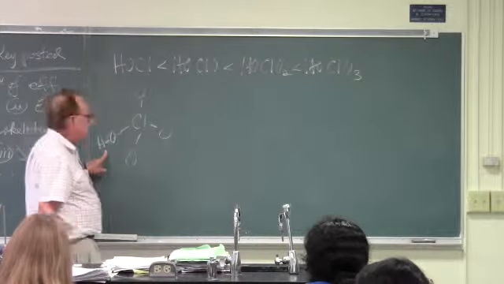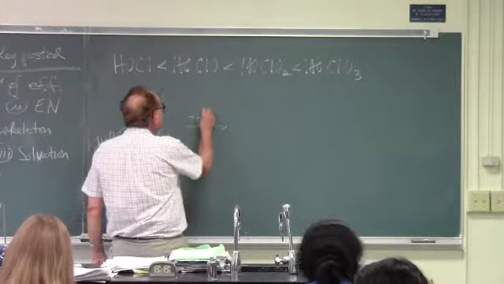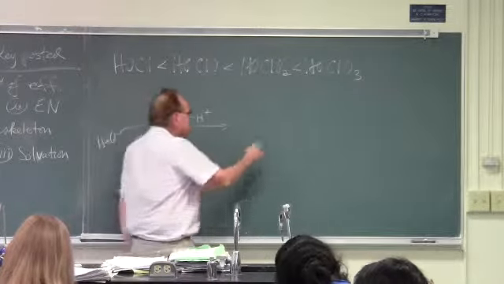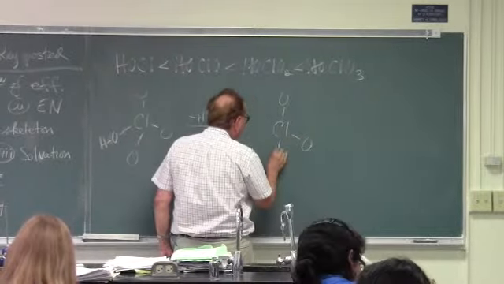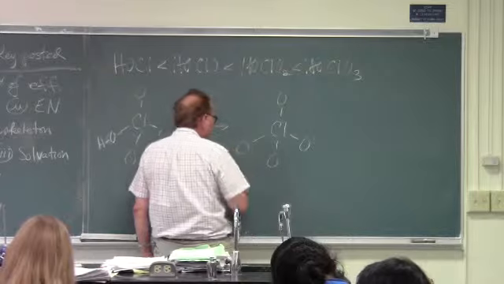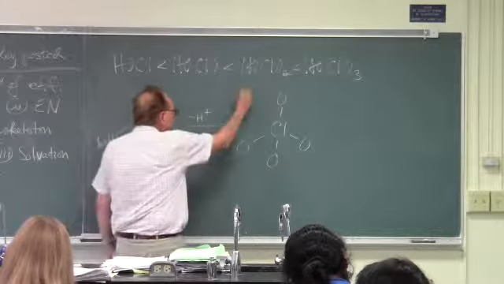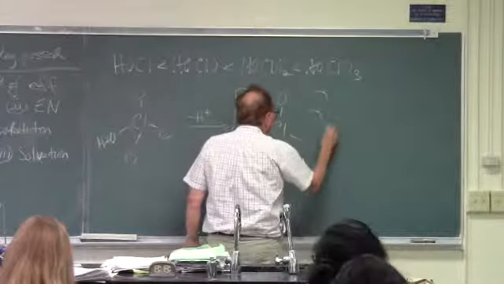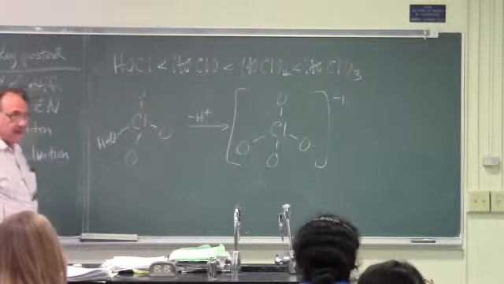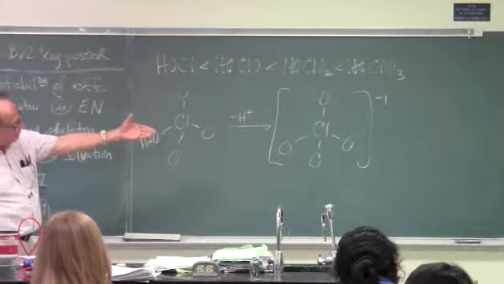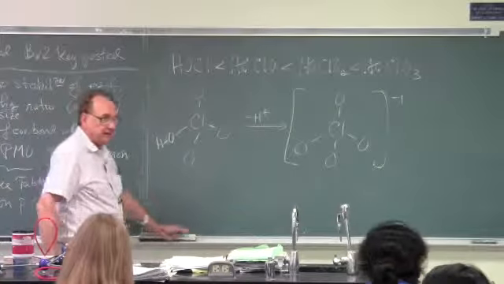What effect do these oxo-oxygens have? When this thing loses H+, the perchloric acid molecule does its acid thing. What effect do these oxo-oxygens have regarding stabilization of negative charge density?